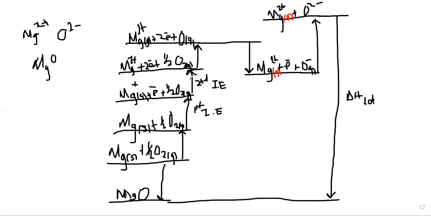Once that is done, we atomize oxygen. We only need 1 oxygen atom. And so this oxygen atom is going to gain 1 electron. That's the first electron affinity, exothermic. Then it gains a second one, which is endothermic. So we have the Mg2 plus and the oxide ion O2 minus. Those will combine to form magnesium oxide.